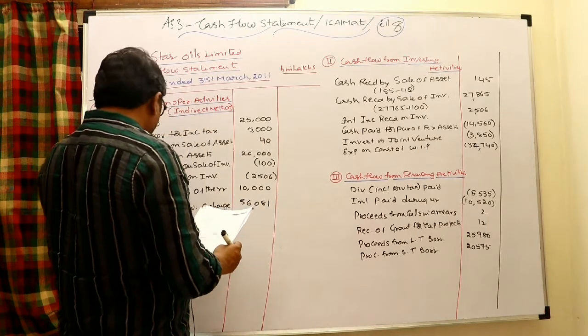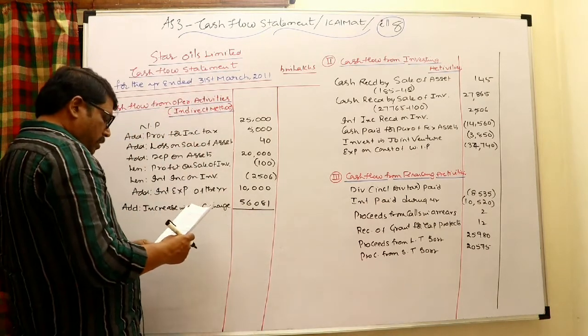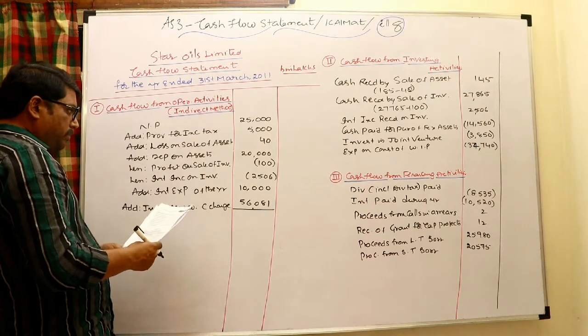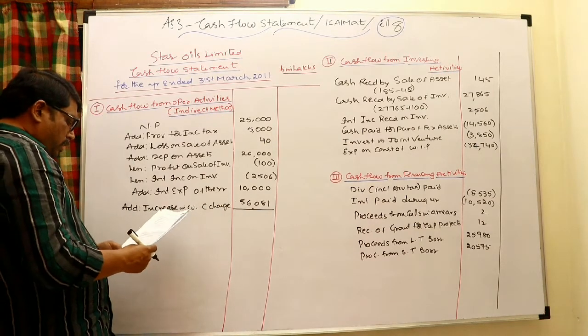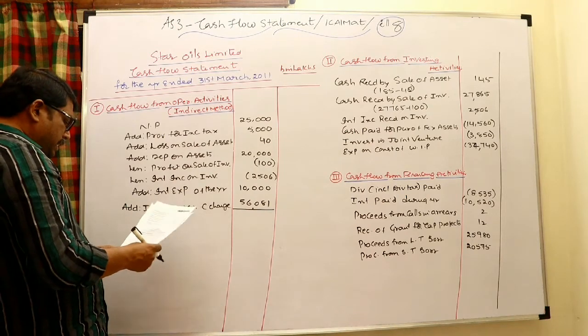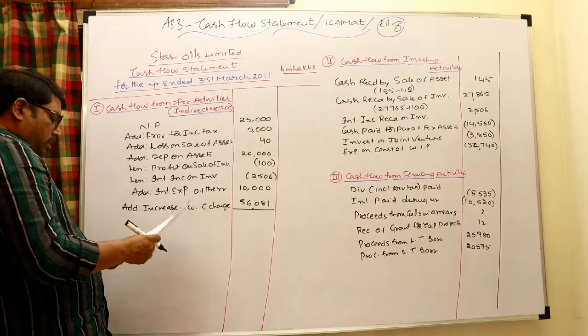Okay, so ultimately at the end of the period, after arriving at this amount, we have to consider the change in working capital. Only income tax paid should be considered here. Let us check, income tax paid only 4,248.